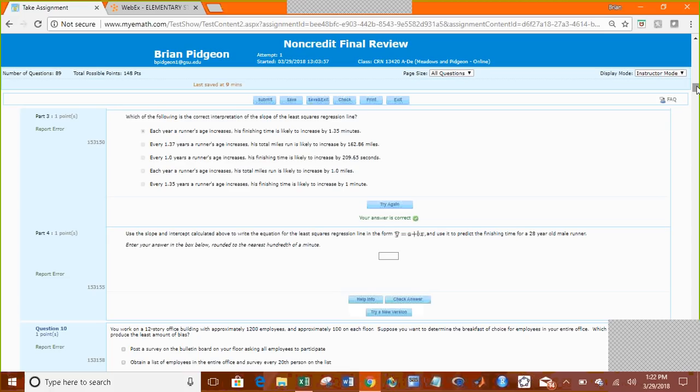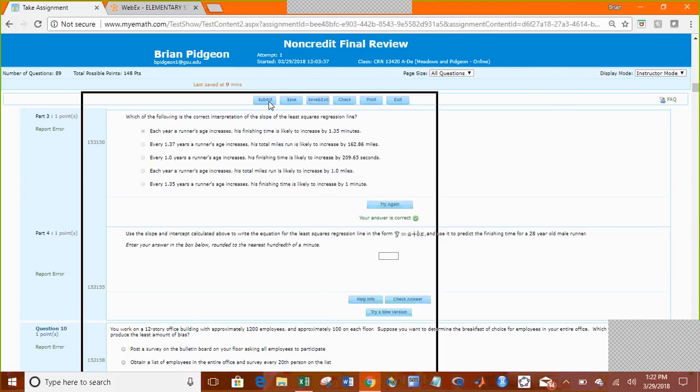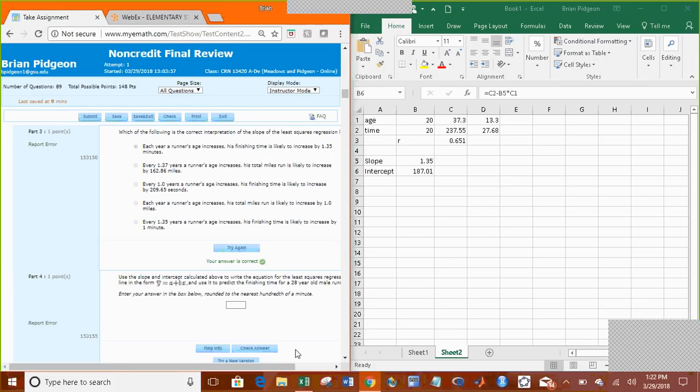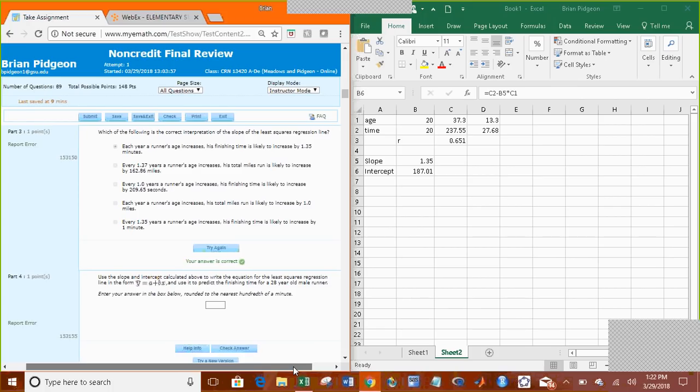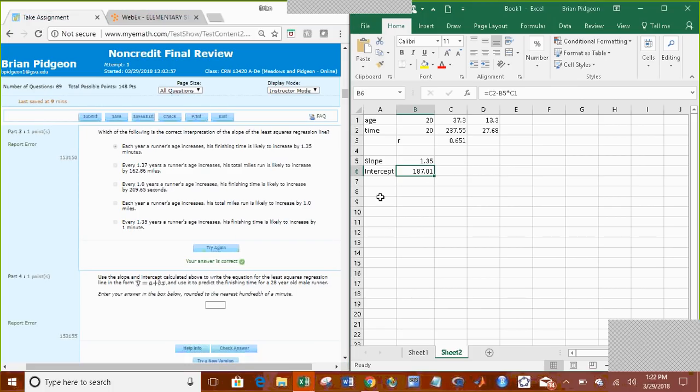Alright, so use the slope and intercept calculated above to write the equation of the least squares regression line in the form y hat equals alpha plus beta x, and use it to predict the finishing time. So what this means is that the equation of our line is 1.35x plus 187.01. That's our y hat. And we use the hat because it's a predicted value of y.